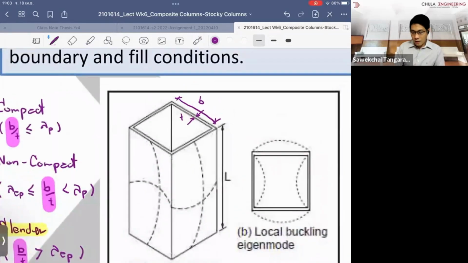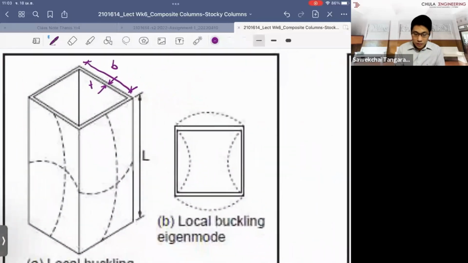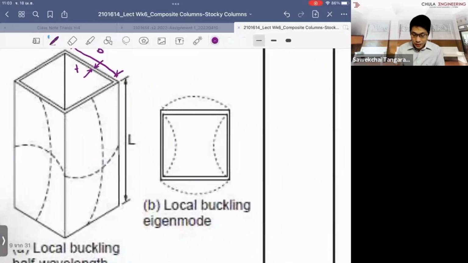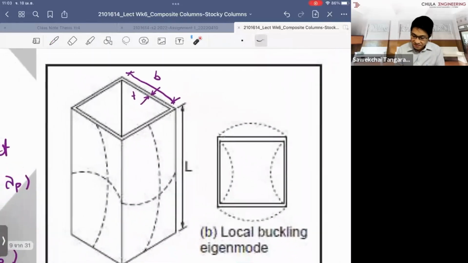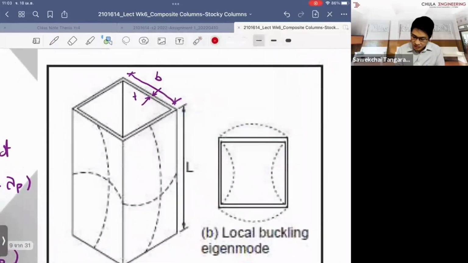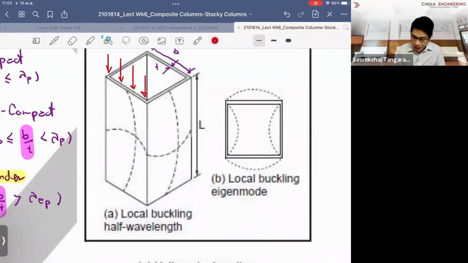The higher the ratio of B over T, the more slender the local section that you have. So what they say is that if you have the steel plate and it receives axial compression, assuming that we have the compression force, it seems like you are just looking at only the plate here.